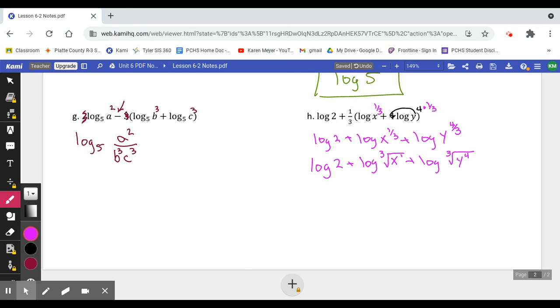So it should be cube root of y to the 4th. Now I see pluses. Pluses means multiplication. So log 2 cube root. And then since both of these are cube root, I can write x to the 1st power and y to the 4th power underneath the cube root. And we are finished.